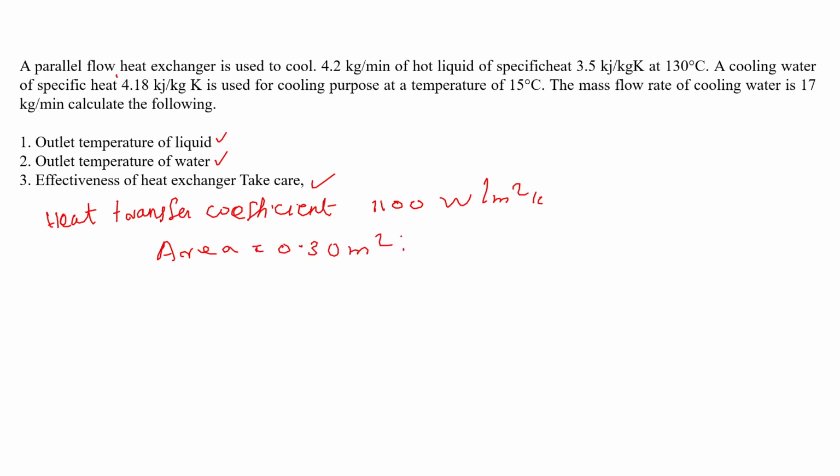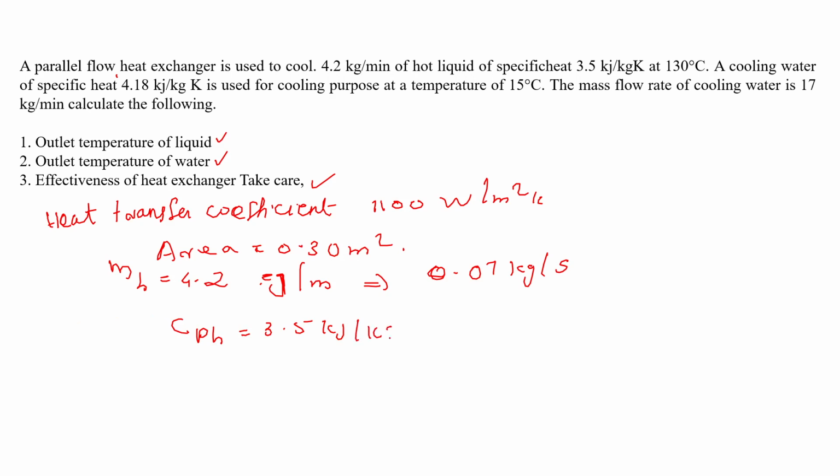These two parameters are given, and the remaining parameters: the mass flow rate mh is given, that is 4.2 kilogram per minute, so that will be 0.07 kilogram per second. This will be very important. And the specific heat Cph is given, that will be 3.5 kilojoule per kilogram Kelvin.